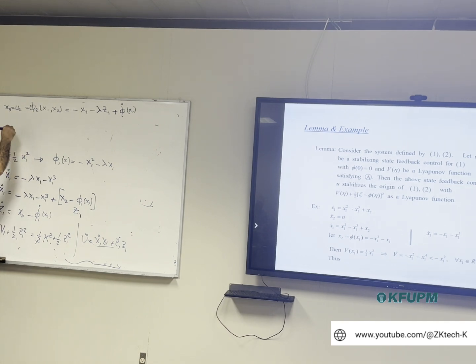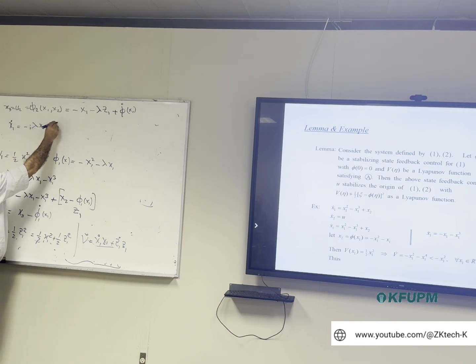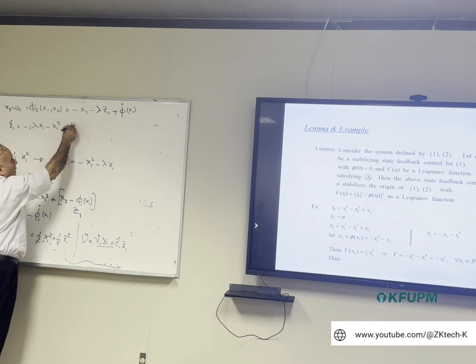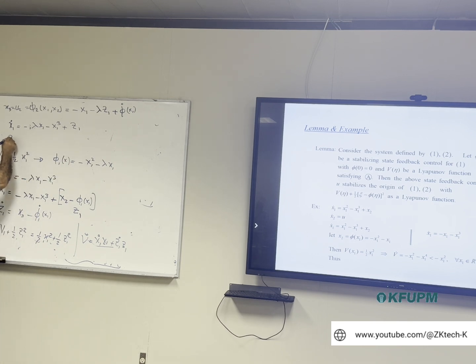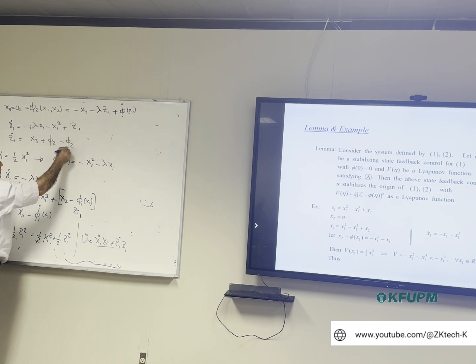So your system changes. Now we will have x1 prime equal to minus lambda x1 minus x1 cubed plus z1. For z1 prime, I'm going to add phi 2 and subtract phi 2. It was equal to x3, so I will add plus phi 2 minus phi 2.